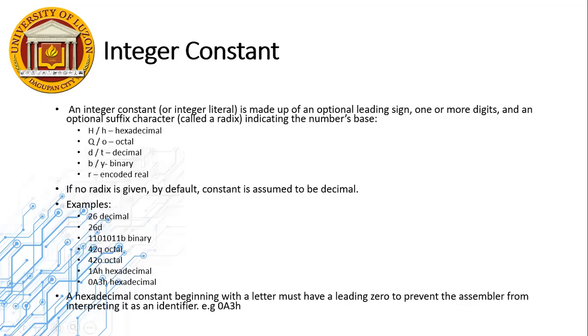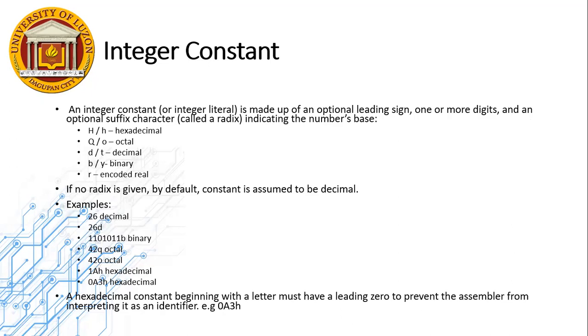Let's proceed to integer constants. An integer constant or integer literal is made up of an optional leading sign, one or more digits, and an optional suffix character called a radix, indicating the number's base.